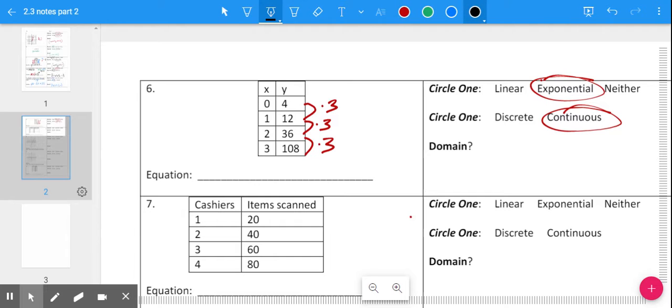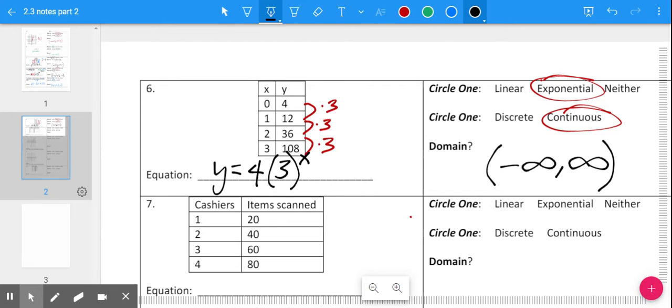And when we write our equation, we have y equals 4 times 3 x in the exponent. Now, just like linear functions, without context, it's forever going to the left and forever going to the right. So our domain is negative infinity to positive infinity.